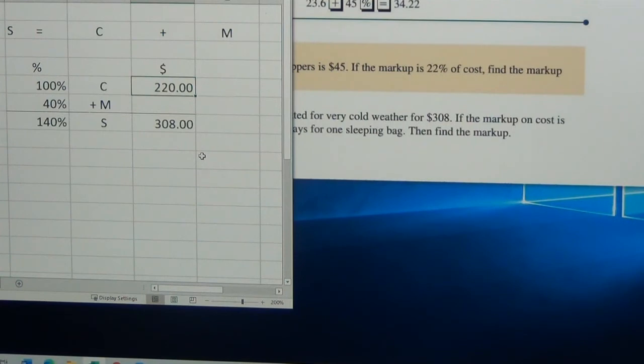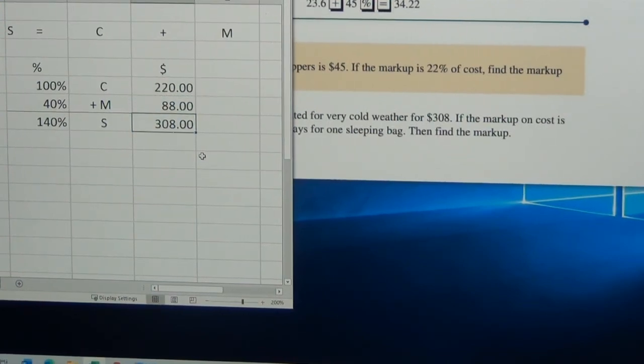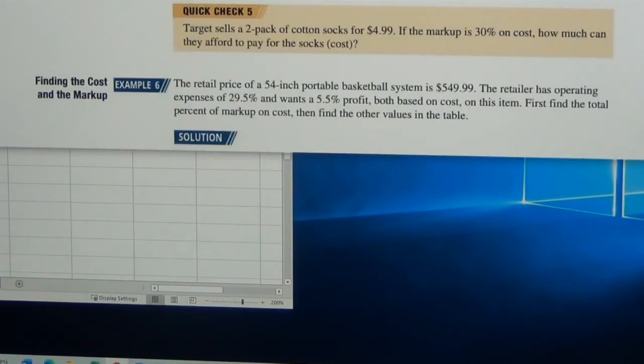That is our cost. So now we just have to figure out the markup. And the markup is going to be the difference between the sales price and the cost. So we got it.